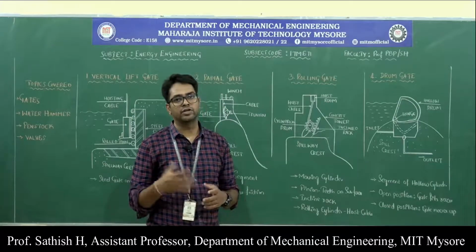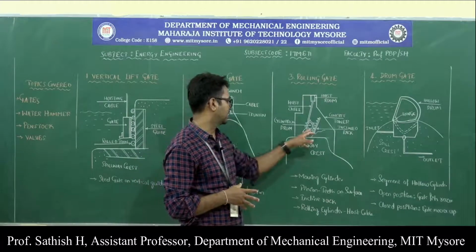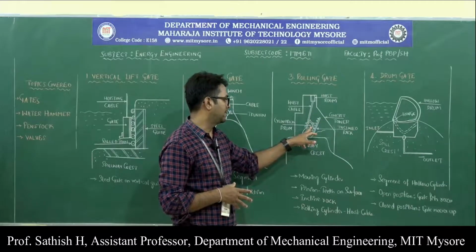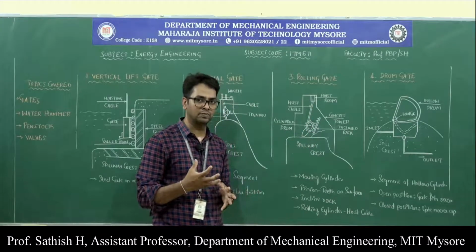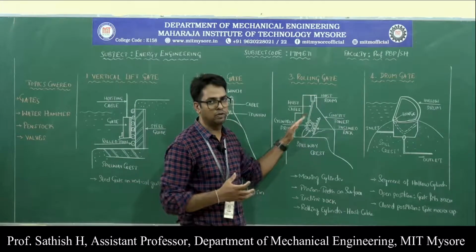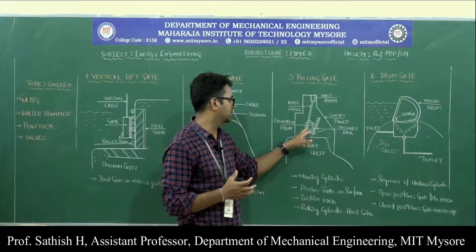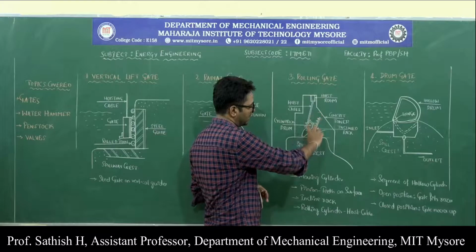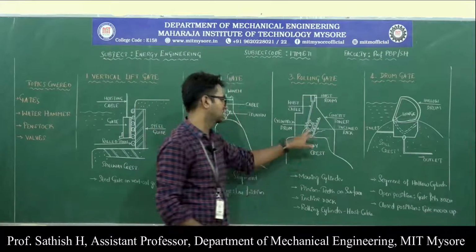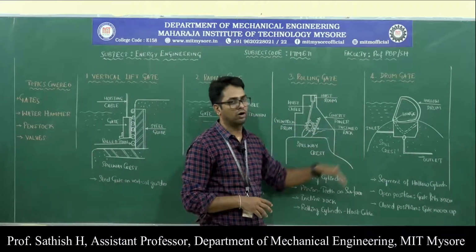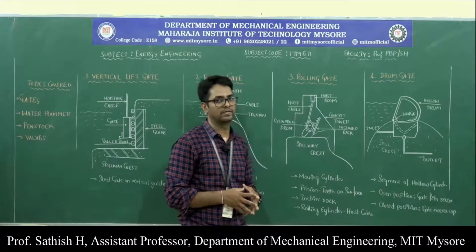During the opening of the gate, with the help of a hoist cable, the pinion, which is a cylindrical drum that moves over this rack, can be lifted or pulled in the upward direction. When it is pulled with the help of the hoisting cable, it rolls over, and there is a gap between the spillway crest and the cylindrical drum, and the water can flow out of the spillway crest.